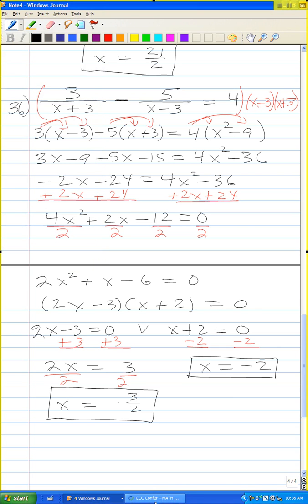So when x is equal to positive 3 halves, thank you very much, I'm not dividing by 0. In this equation, I'm only dividing by 0 when x is negative 3 or positive 3.